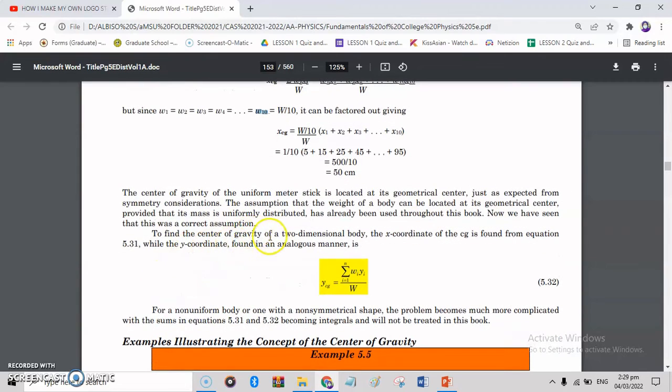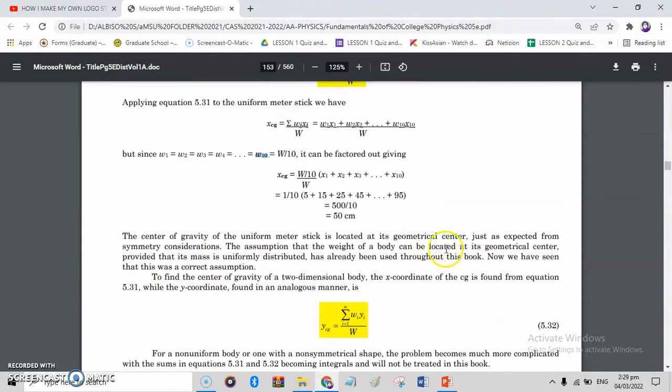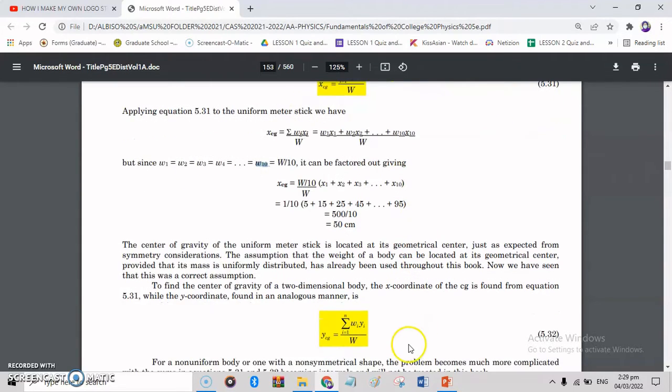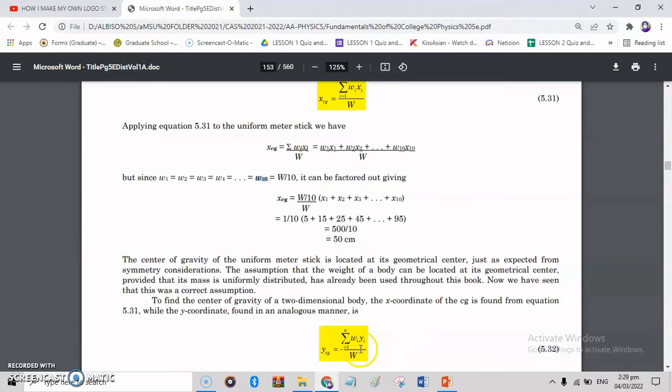Now, to find the center of gravity of a two-dimensional body, the x-coordinate of the center of gravity is found from equation 5.31, while the y-coordinate is found in an analogous manner. If you are talking about the x-axis, you use 5.31, and for the y-axis you use equation 5.32. They are analogous, differing only in the axis of consideration.